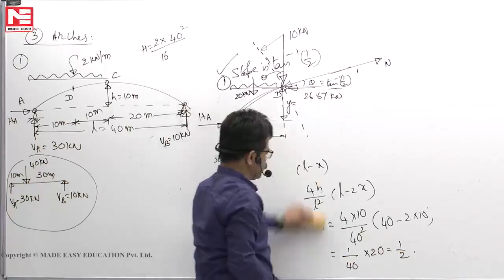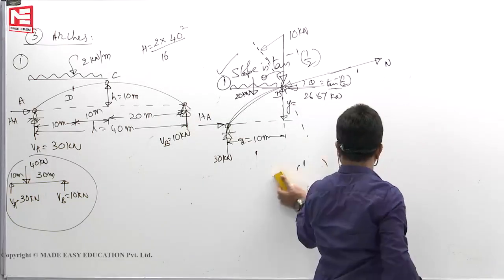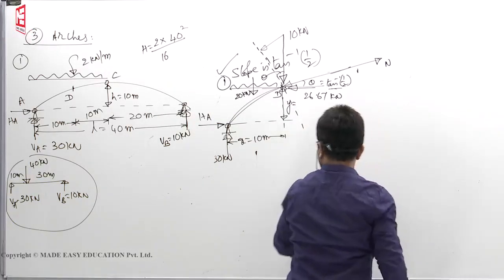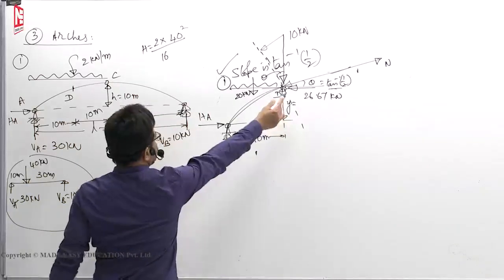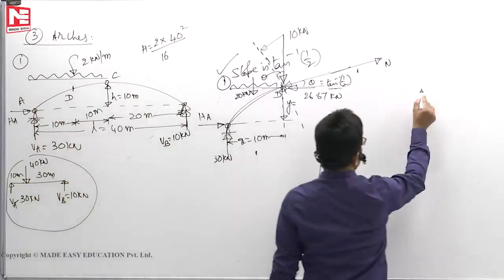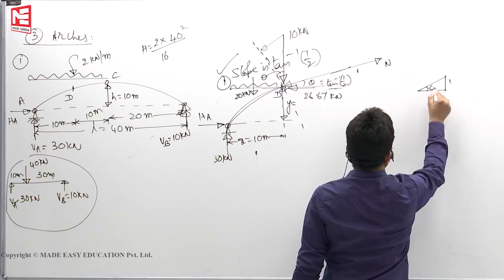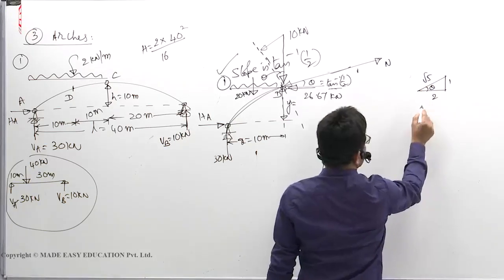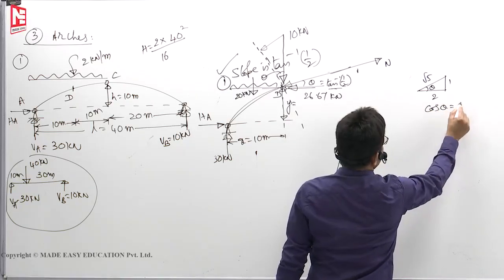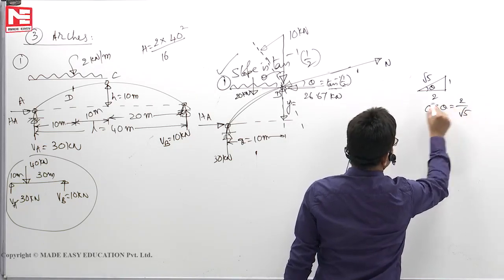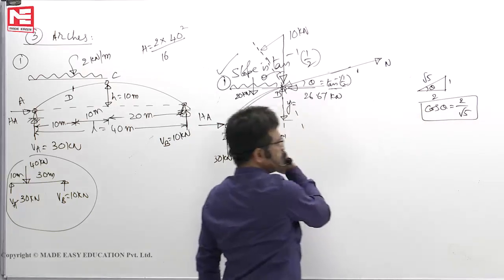Now you require tan inverse 1 by 2, means a triangle with sides 1, 2, and hypotenuse root 5. So cos theta you will get 2 by root 5. Keep this value like that.